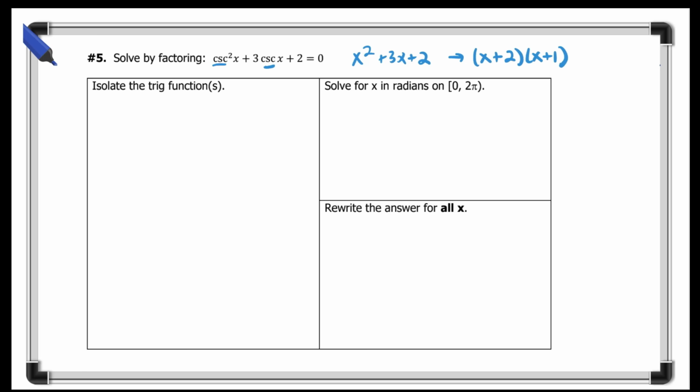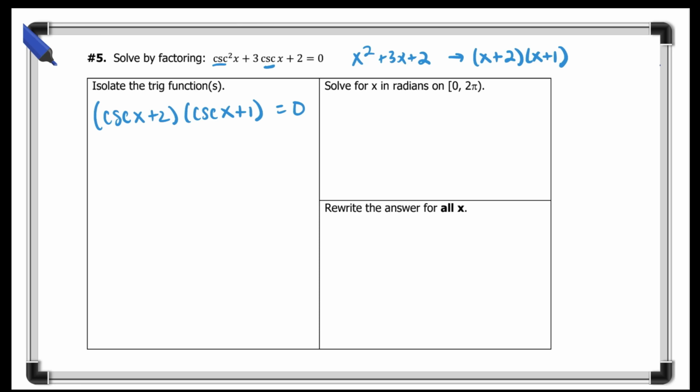That would be x plus 2 and x plus 1. But because we took out that cosecant and just made it an x to make our factoring a little bit easier, you're going to have to put cosecant back in. So my factoring is cosecant of x plus 2 and cosecant of x plus 1, still equal to 0.